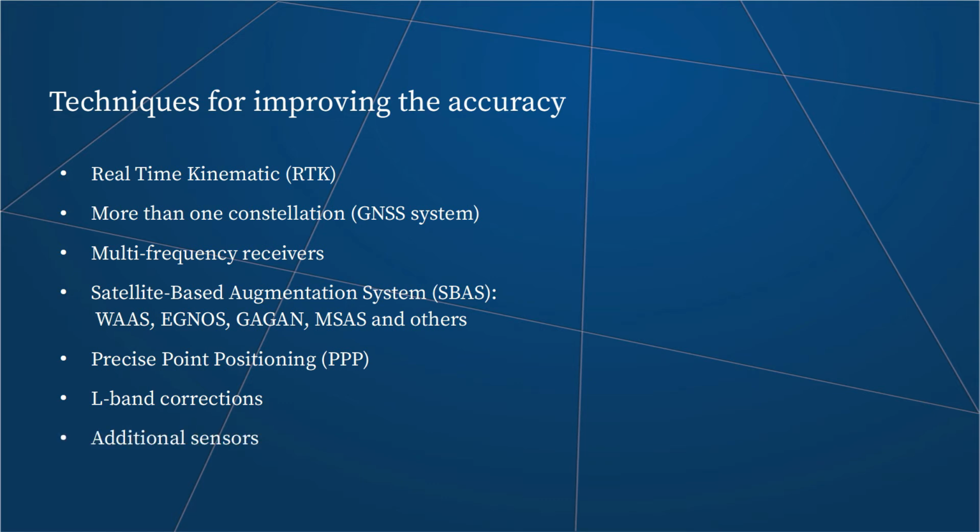And finally, we can improve the accuracy by using some additional sensors. The good candidates for this are inertial navigation sensors and pressure sensors. Generally, the more data we have, the better it is for the accuracy.